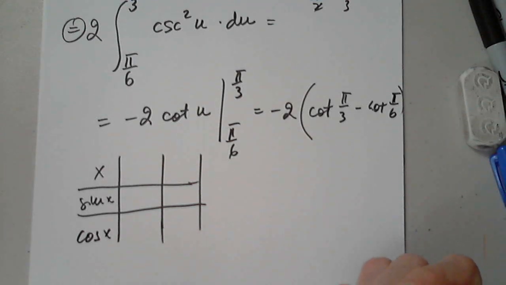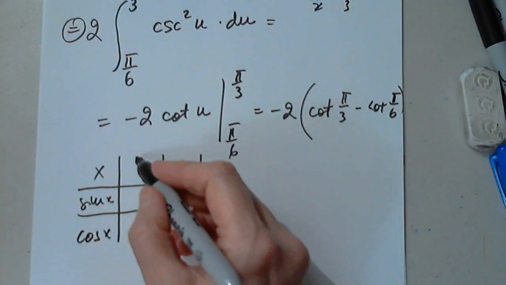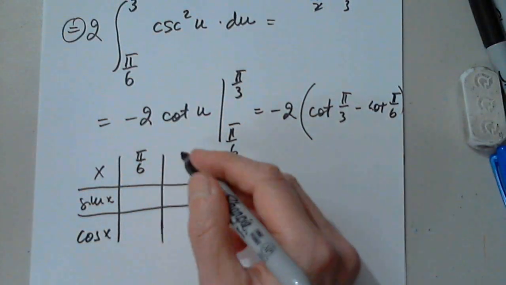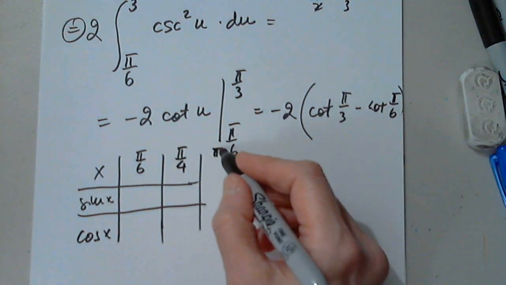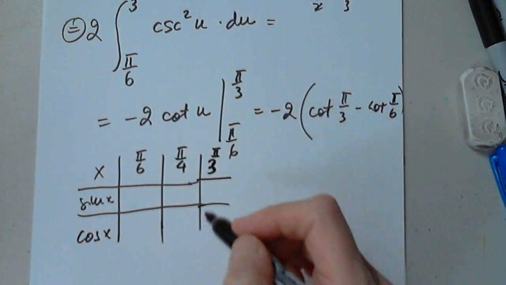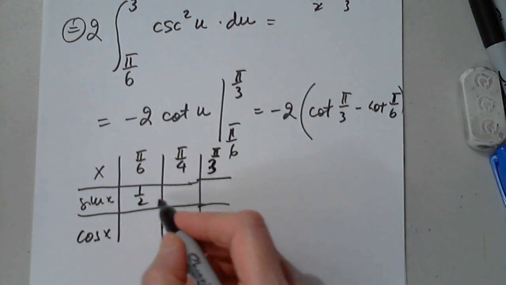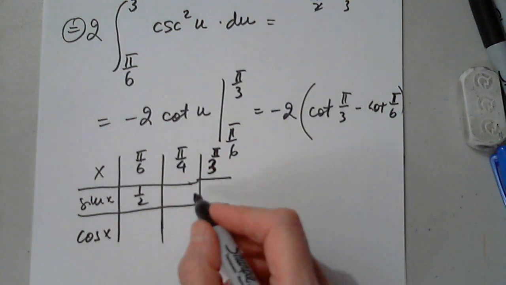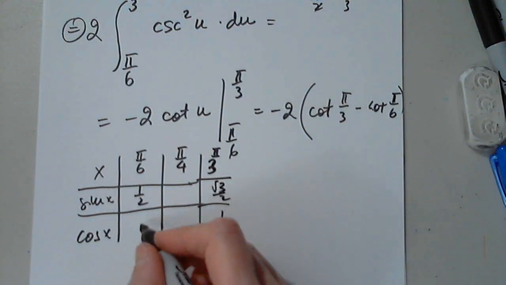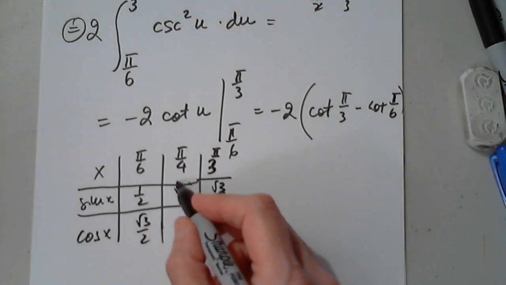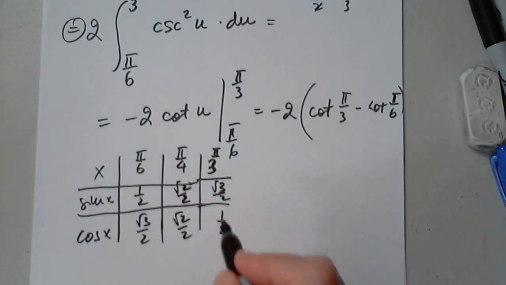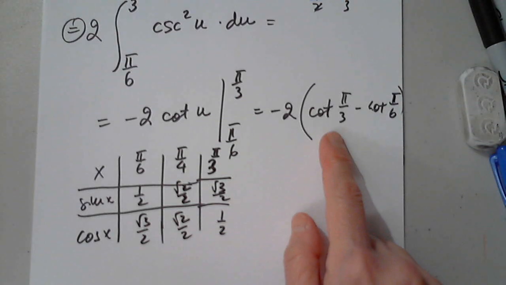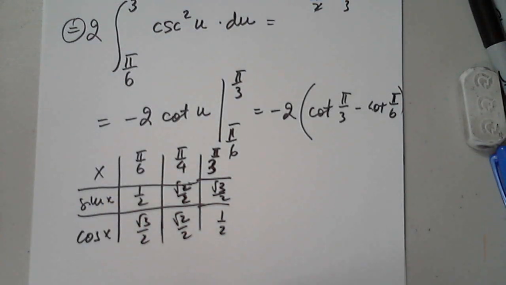So cosine x. So this is pi, this smallest angle, the middle angle, and the larger angle. This is 1/2. This is 1/2. This is the square root of 3 over 2. This is the square root of 3 over 2, and these two are the same. So cotangent is cosine over sine of pi over 3, 1/2 over this.